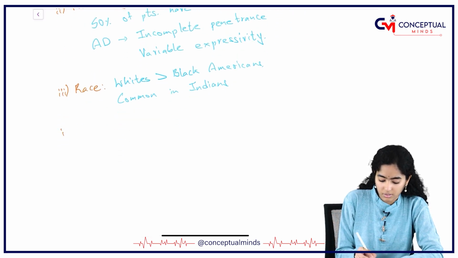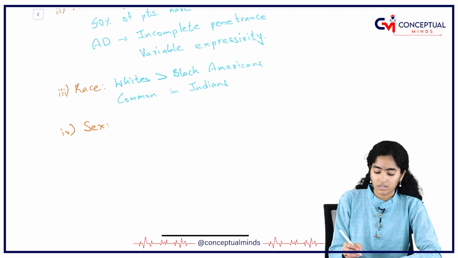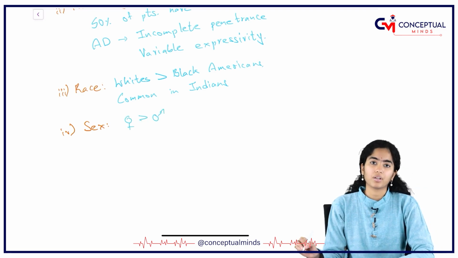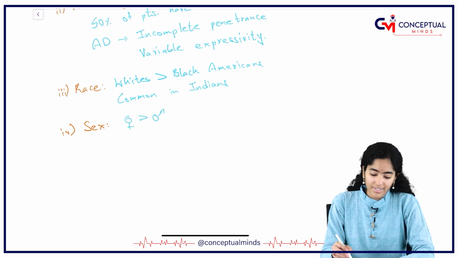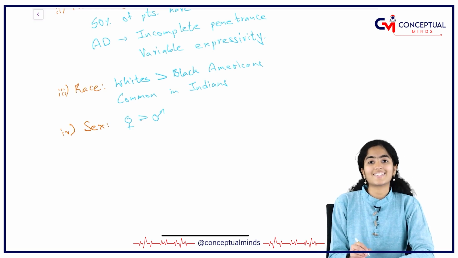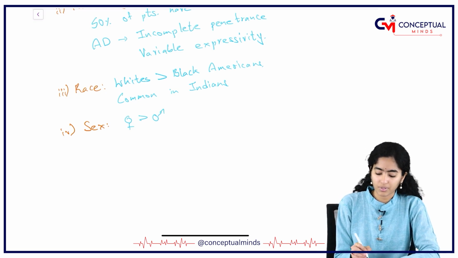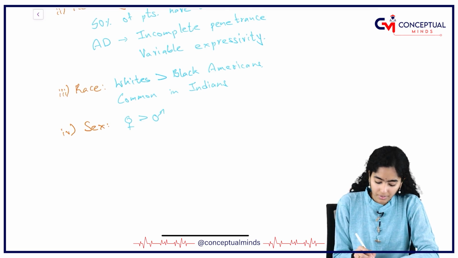Then, do we have some sexual predilection? Yes. The disease is more common in females than in males. Maybe the female sex hormones are playing some role because it aggravates in pregnancy. Either new cases occur in pregnancy or the existing disease becomes more severe and progresses in pregnancy. So that way, maybe there is some role with female sex hormones.